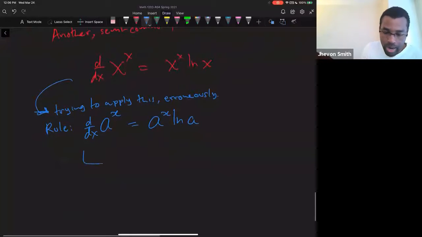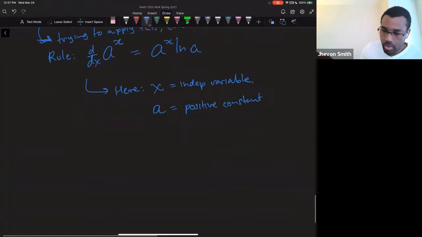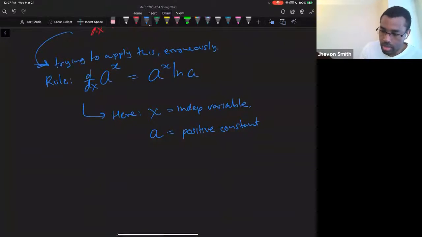And again, why is that? Here, your x is the independent variable. And what is your a? Your a is a positive constant, that's not equal to 1.